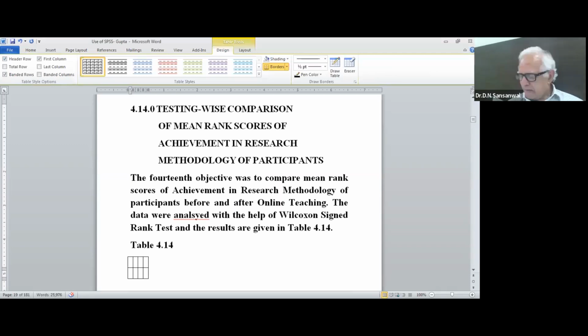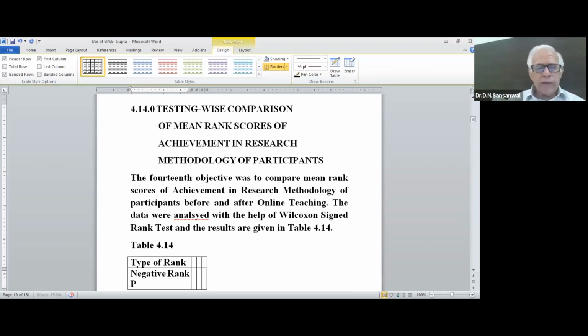Here it is the type of rank. You have negative ranks and you have positive ranks, positive and negative, and you have mean rank, and then you have your Z value.